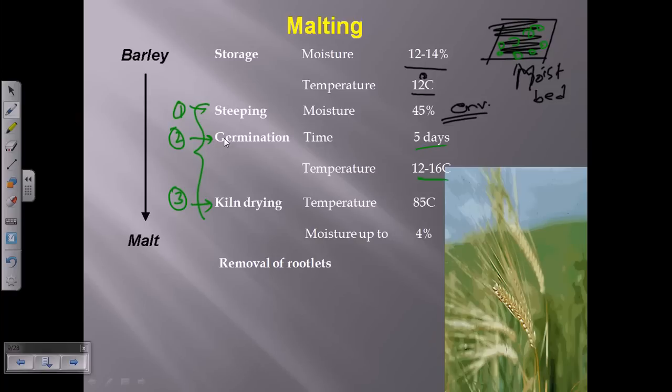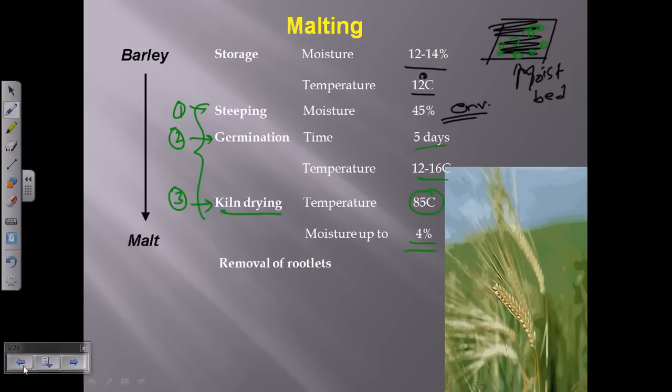During germination, we require much less moisture, like 12 to 14%, and the temperature must be 12 to 16 degrees Celsius. After germination is done, we don't require moisture anymore, so we need to dry the malts before subjecting them to beer preparation. The drying is called kiln drying, and the temperature in this case is almost 85 degrees Celsius. The moisture goes to 4% or less, right?